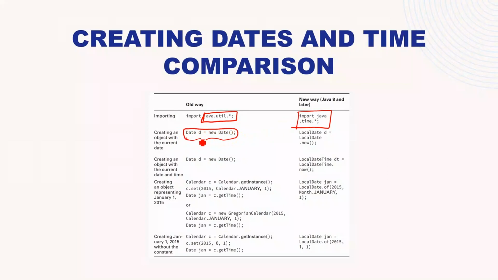That's how we used to manipulate dates before, but now we have to use the now method, which is a static method, to create the instance. For the current date and time, it was the same way, creating the Date object without any parameters in the constructor. Here we just say now, that's it. Creating an object representing January 1, 2015.